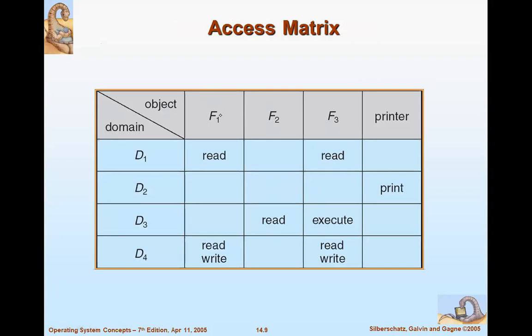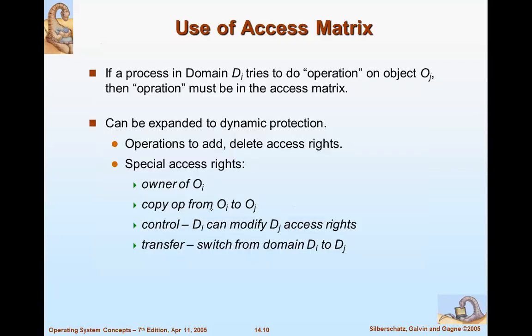You cannot do it with F1 as well. You cannot execute, you cannot print anything with F1 and with F2, but you can execute with F3. So similarly, that's what he is saying. If the access matrix doesn't have that particular operation specified for that domain or that object, you cannot perform that.